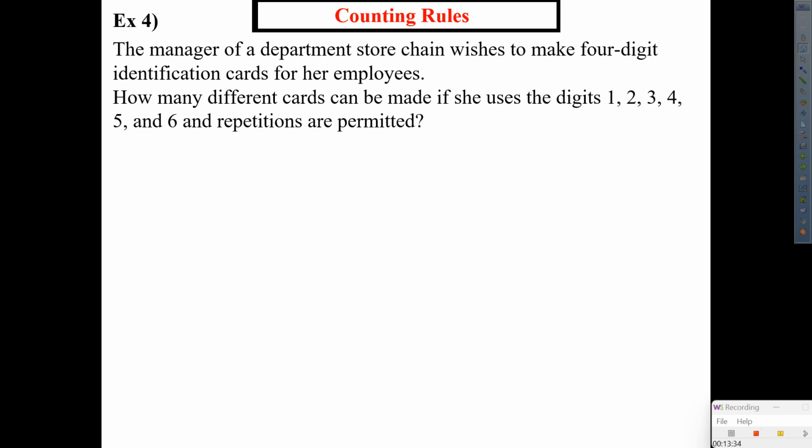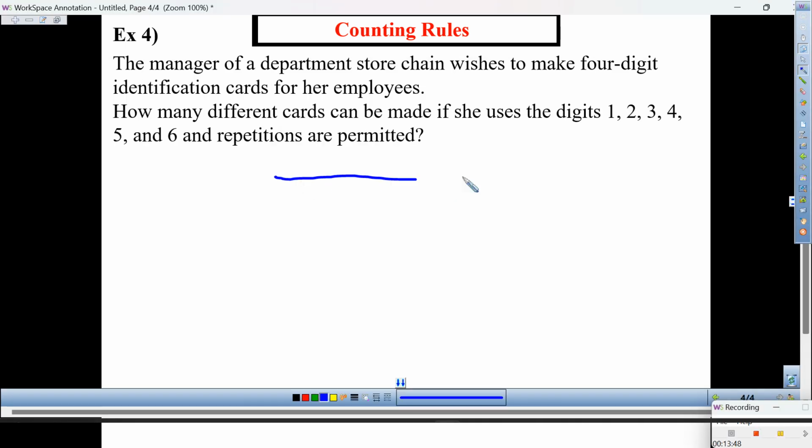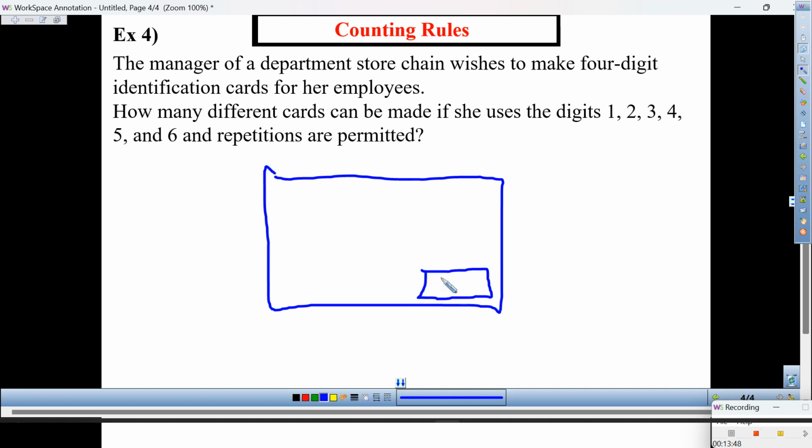So an ID with how many digits? 4. So picture that. So here's the ID, and each ID should have 4 digits. Are we there so far? Okay.